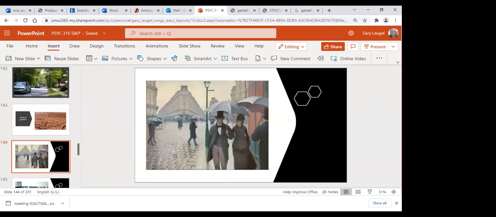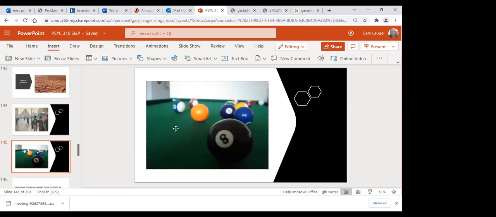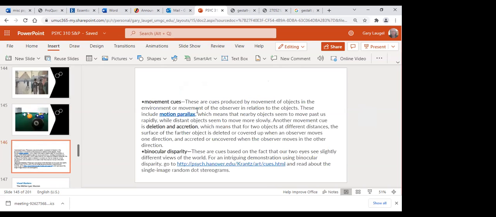Over here, you've got the texture gradient effect. The bricks in the ground area get smaller as they recede into the distance. And the pool balls are all the same size, so they cover up less of our retinal area in the distance.